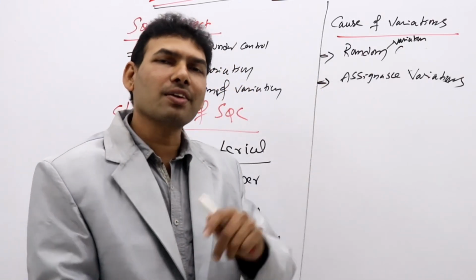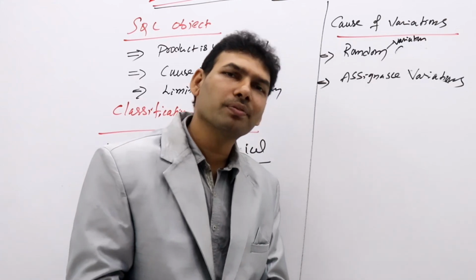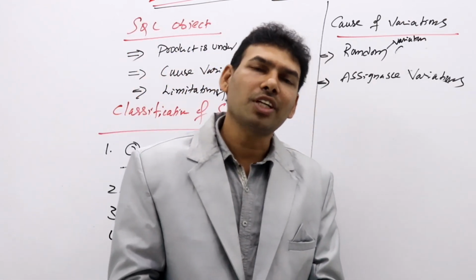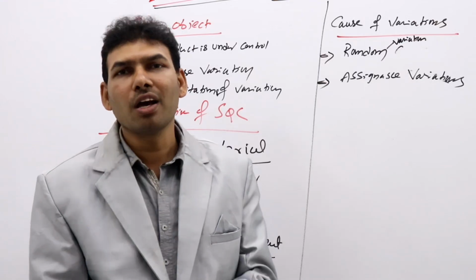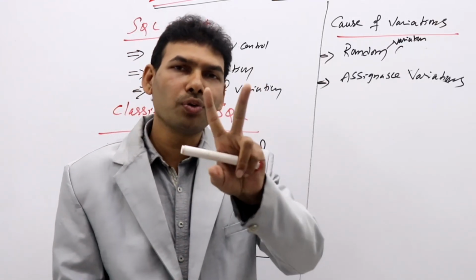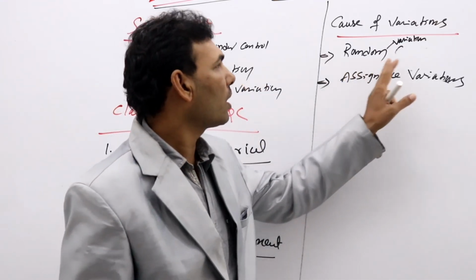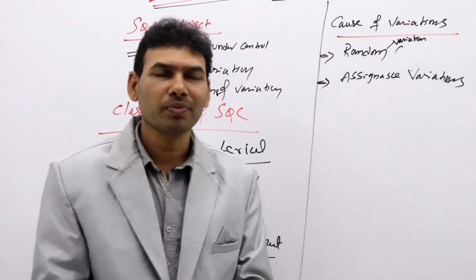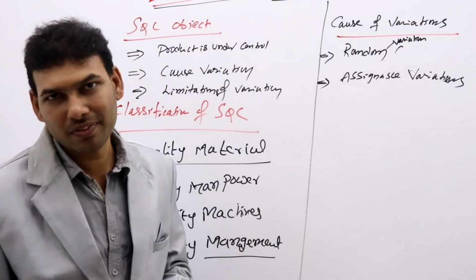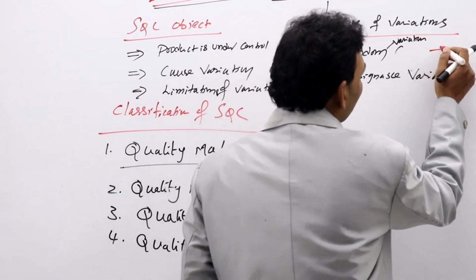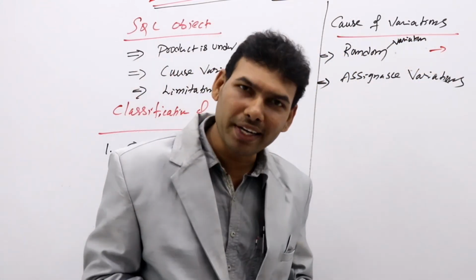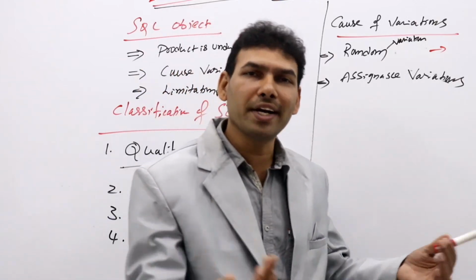In the process, while manufacturing a product, there may be some variations. The manufacturing process may be out of control due to two reasons. One is random variations. Another one is assignable. The random variations are the variations which will happen, which cannot be prevented, which cannot be avoided.